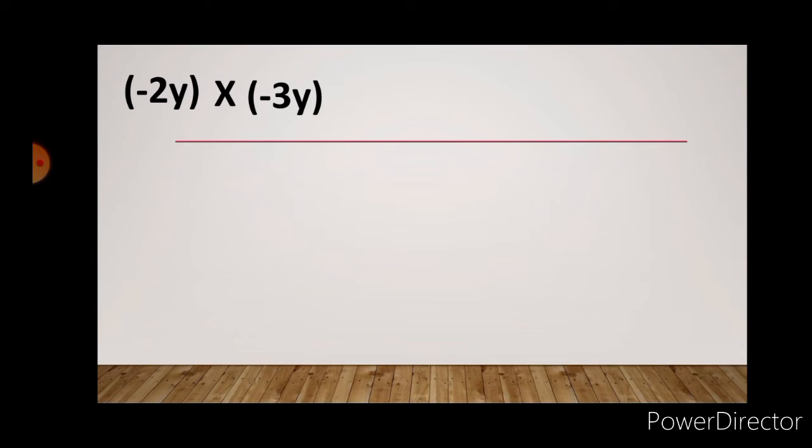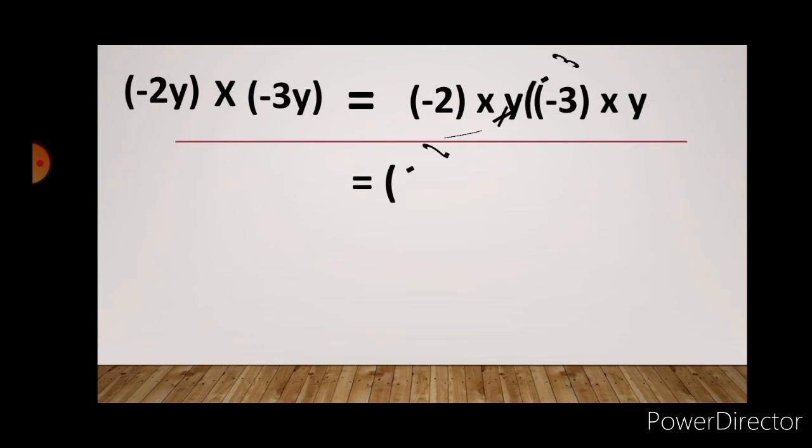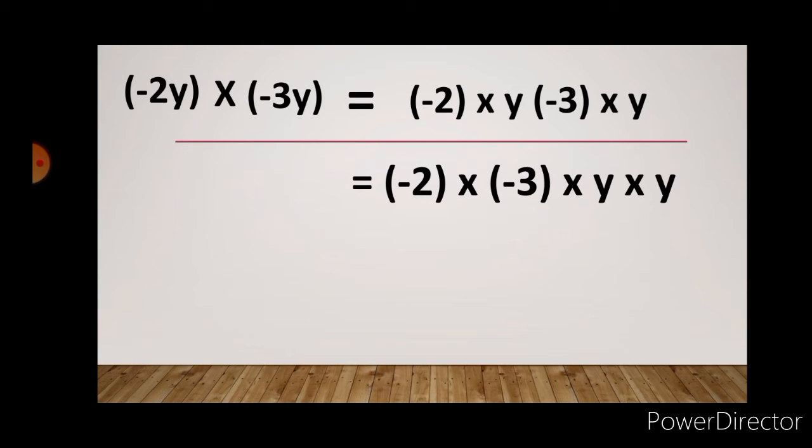Now, minus 2 multiplied by y, it's y. Then minus 3 multiplied by y. With the collection of like terms, we say minus 2 multiplied by minus 3 multiplied by y multiplied by y. Yes, and when we do that, remember I said minus multiplied by minus gives us plus.